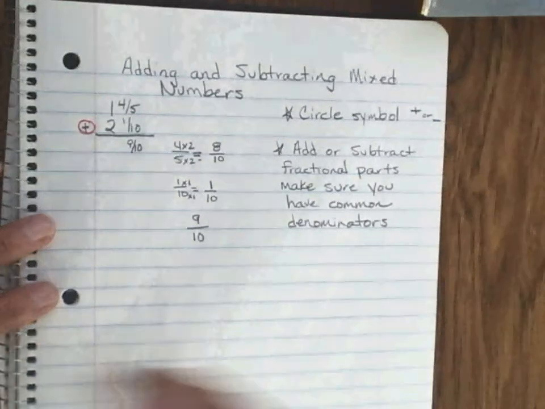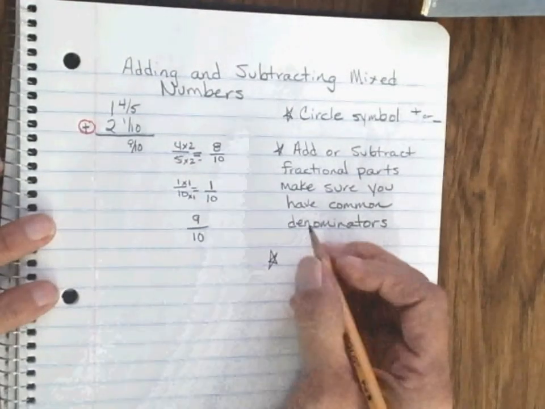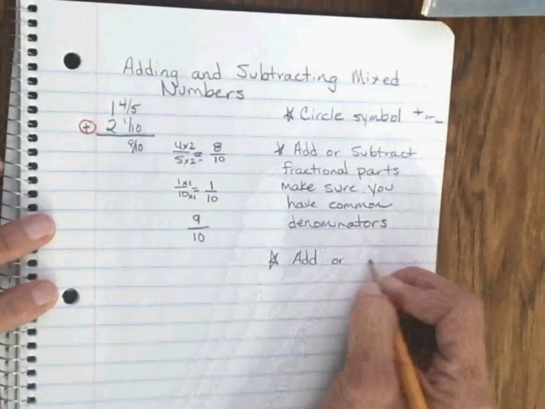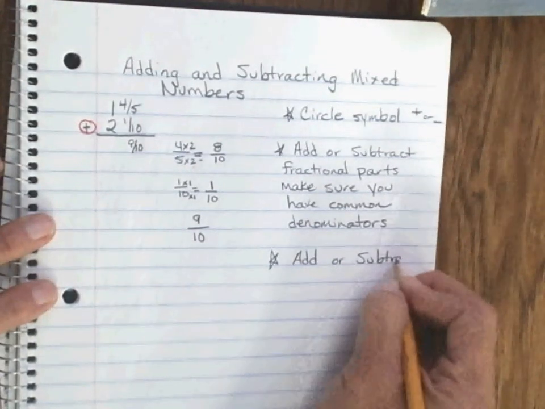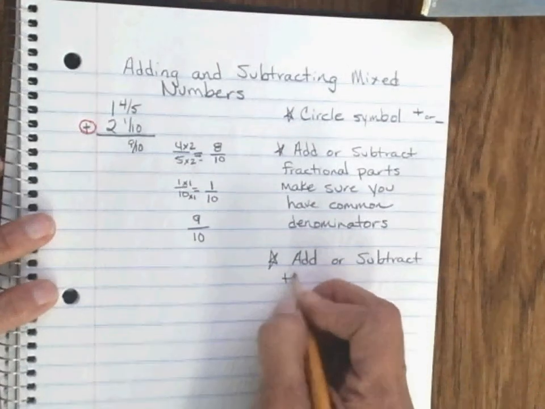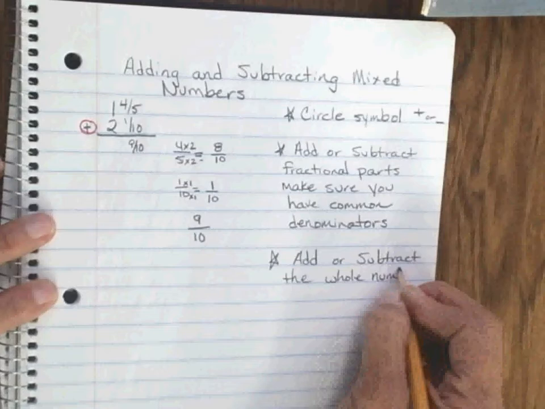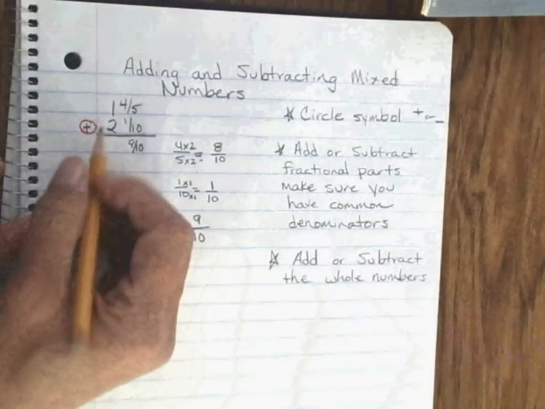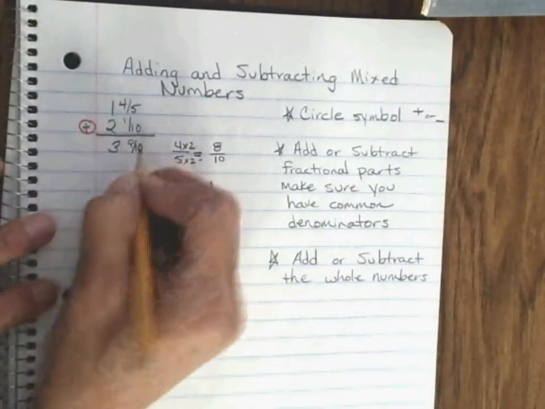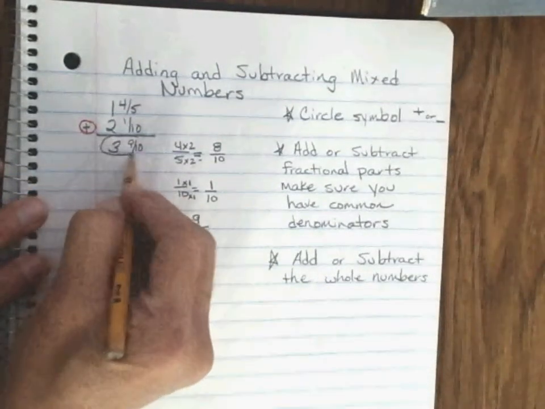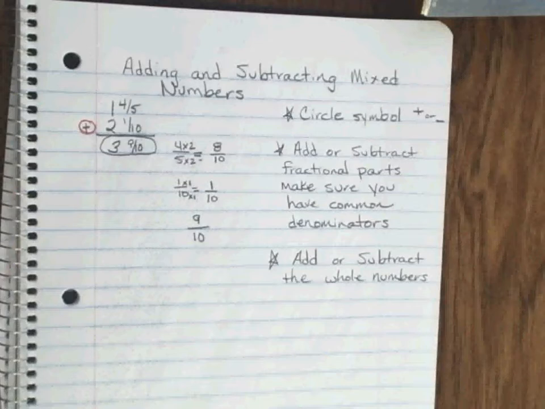Then my next step would be to add or subtract my whole numbers. So 2 plus 1 is 3. Therefore, 1 4/5 plus 2 1/10 is 3 9/10.